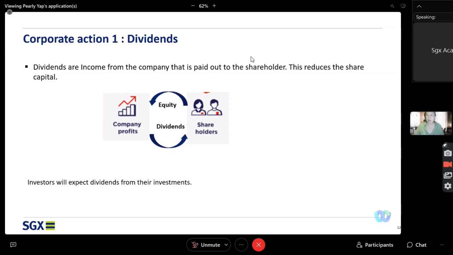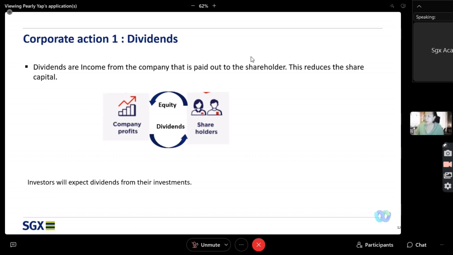But a lot of Singapore companies, in fact, pay dividends. What are dividends? Dividends are just a share of the profit of the company that's paid to a public shareholder. Now, why do you deserve dividends as a shareholder? You own the company, so you have the right to receive profits from the company.